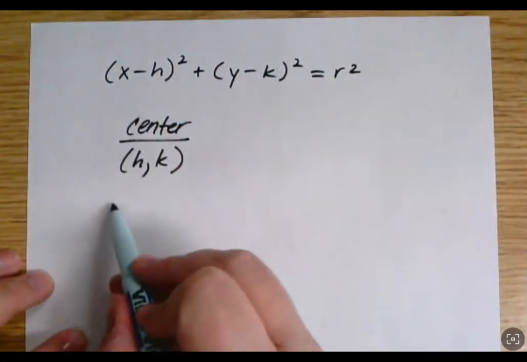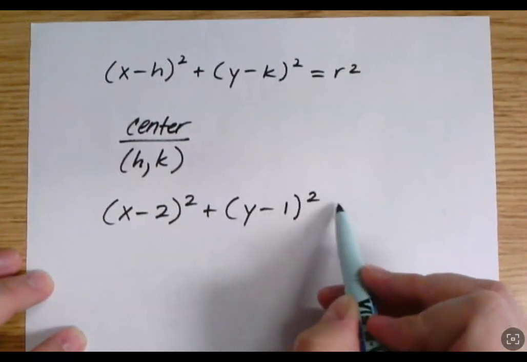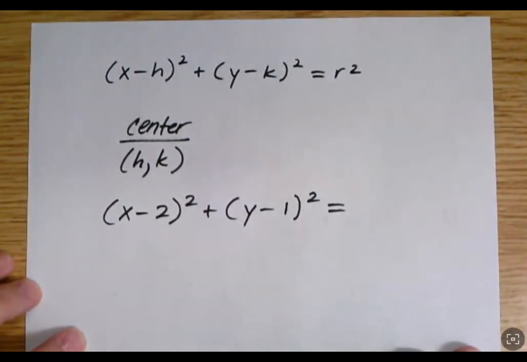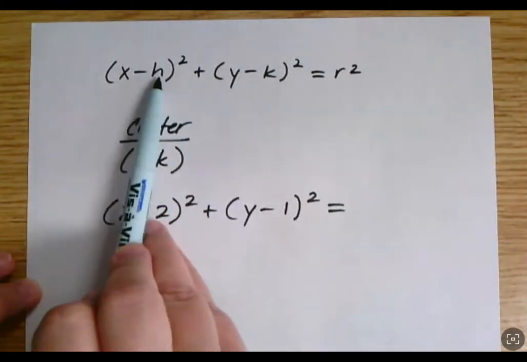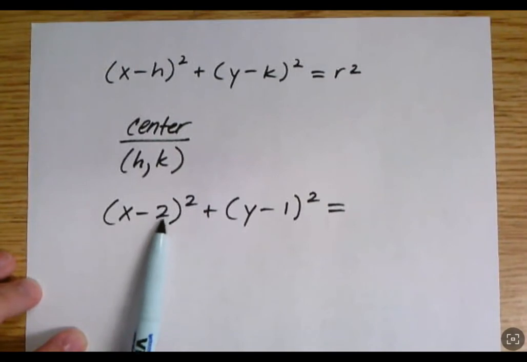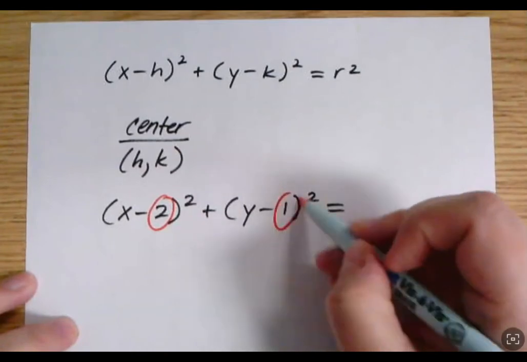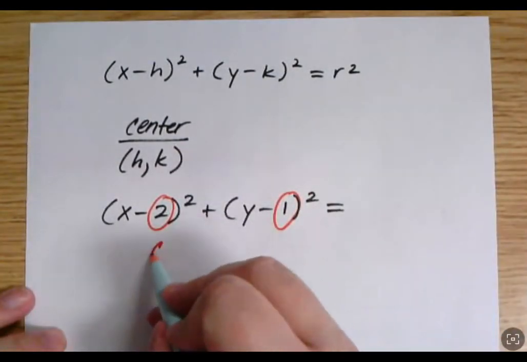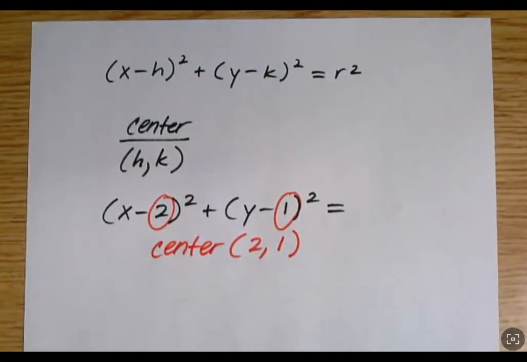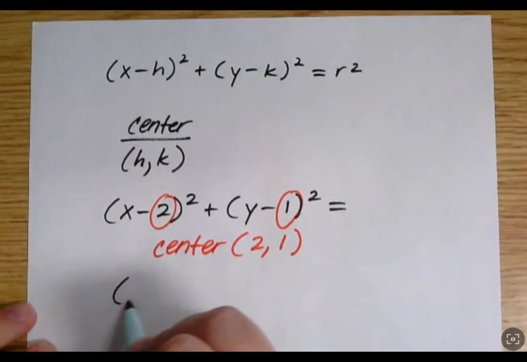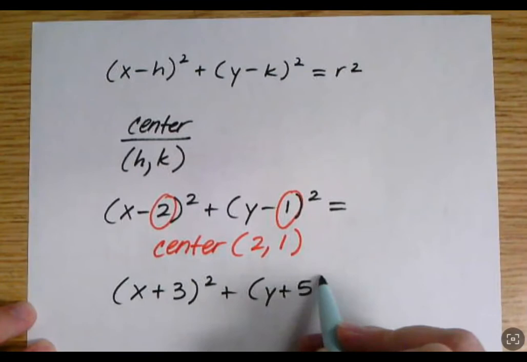Let's say that I have this. We'll just ignore the radius for right now. If the center is (h, k) and h comes after the minus, then h is 2 and k is 1. So if I see minuses, then my center has nothing but pluses, positives. Now, what if I see pluses? What if it said x plus 3 squared or y plus 5 squared?